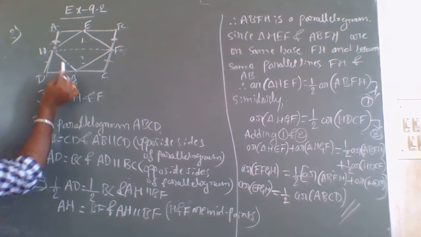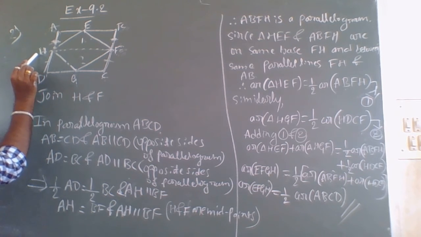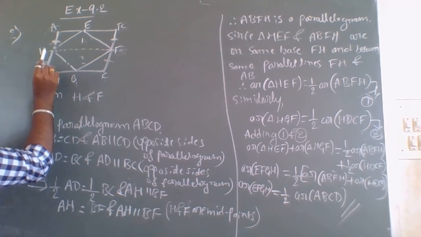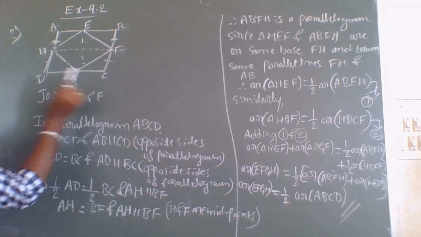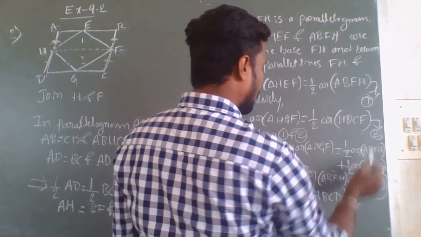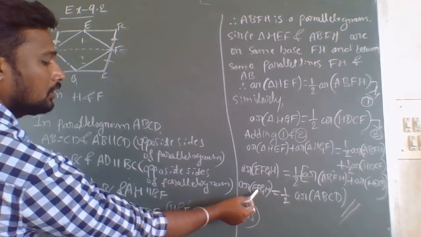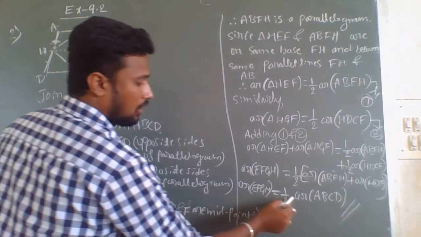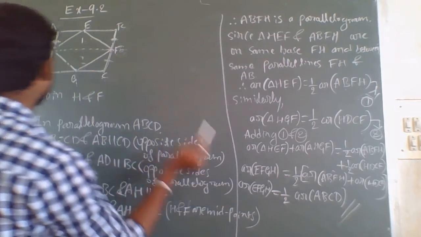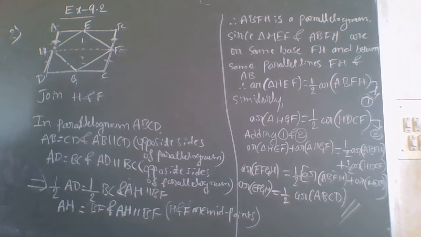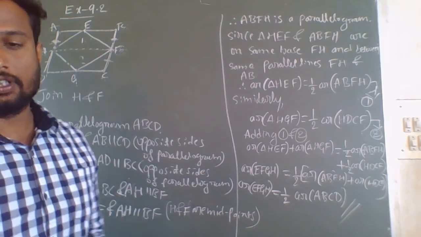Similarly, we can prove that the area of triangle HGF equals half of the area of HFCD. When you add 1 and 2, the area of EFGH equals half of the area of parallelogram ABCD.